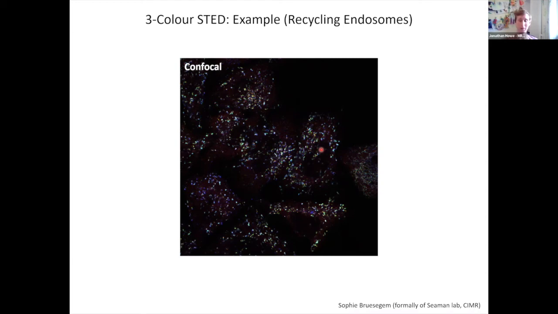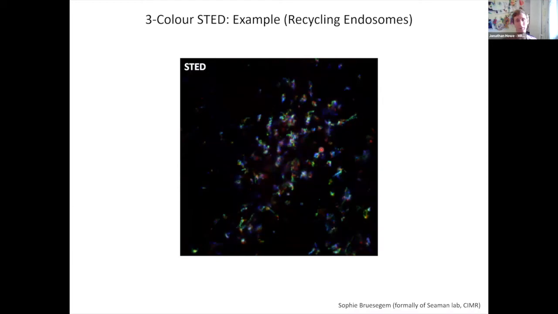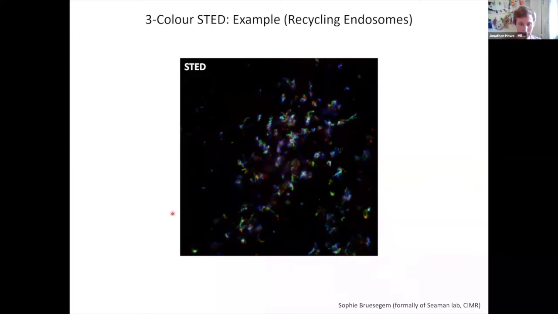I don't know specifically what the receptors are, but what you can see if I blow it up is that the resolution significantly improves when we turn on the STED here. Whereas most of these objects just look like blobs, when you turn on the STED, you can start to see rings and other various structures. And also the degree of co-localization changes because your resolution is enhanced.